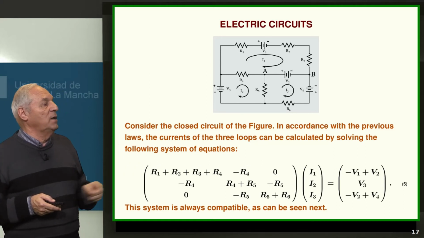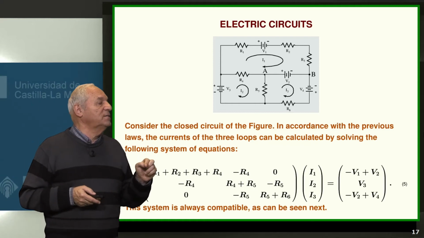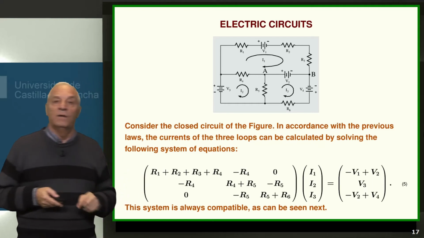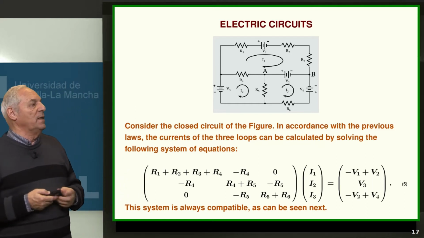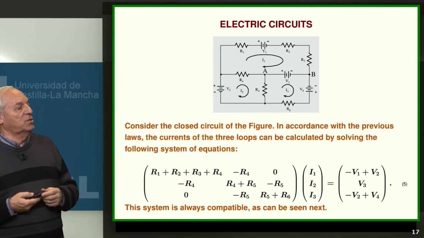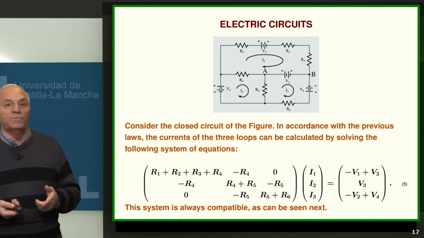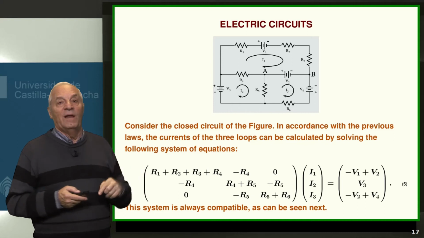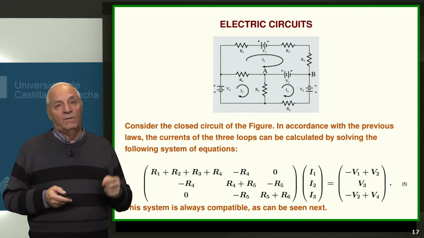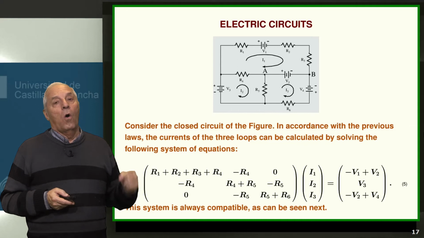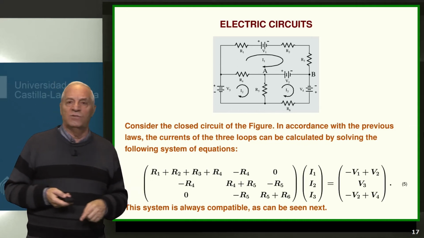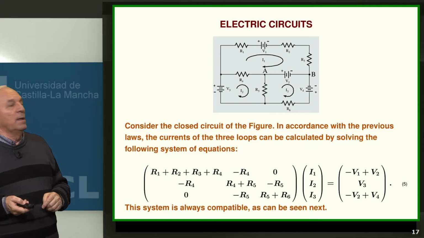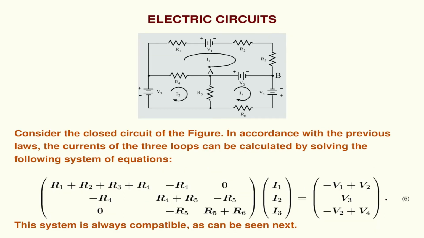Finally, intensity I3 goes in the direct sense, both for R5 and for R6, so they appear with positive signs. Analogously, for the independent terms that correspond to the voltages, you have to take into account if they go inside the battery, from plus to minus, in which case they carry a minus sign, or if they go in the opposite direction, in which case they carry the plus sign, and there we have the equations.